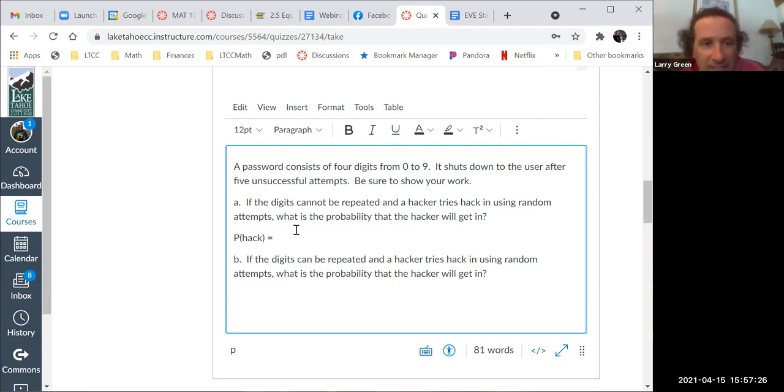First thing is, probabilities are fractions. How many different combinations make it so that the hacker gets it? It's a very easy answer, by the way.